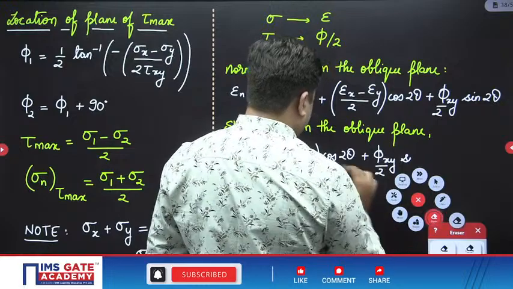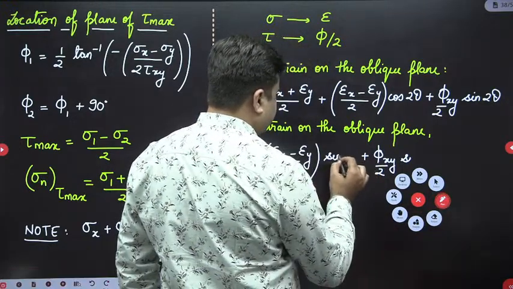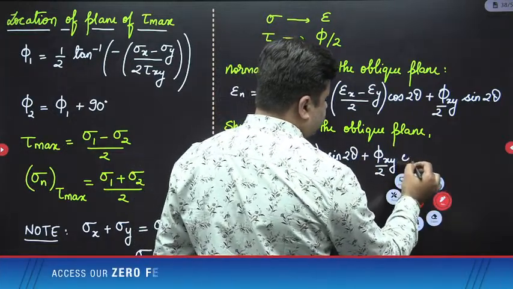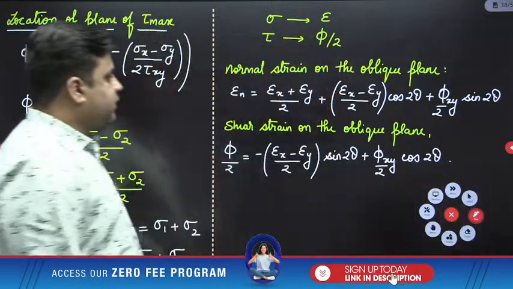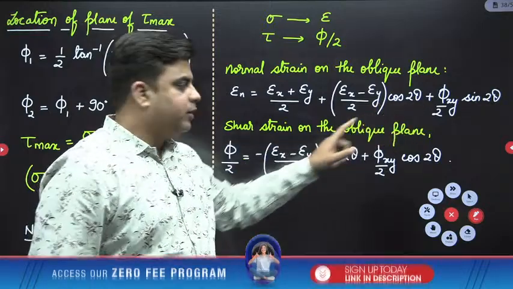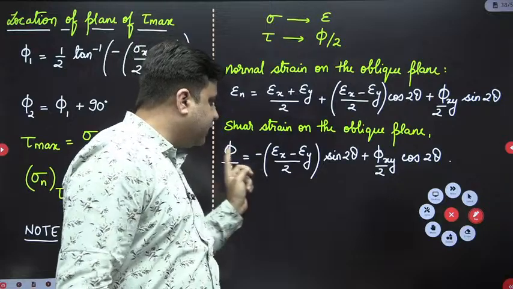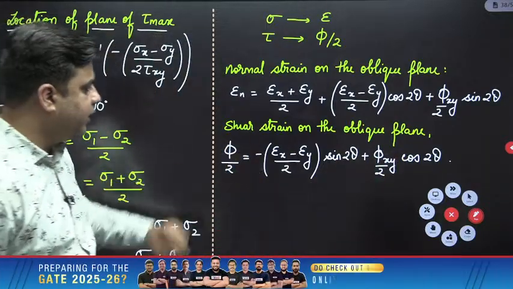Sorry, it is sin 2 theta there. So I have just considered the expression for normal stress on the oblique plane and replaced it accordingly. Then I considered the expression for shear stress on the oblique plane and replaced it accordingly, right?